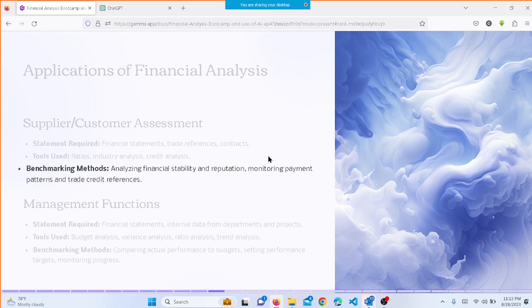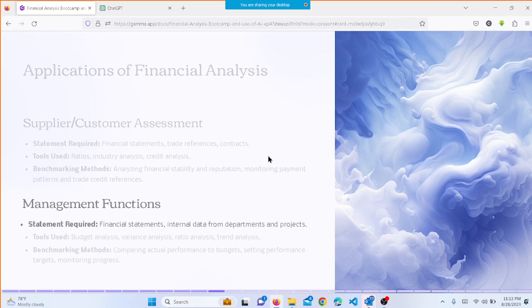For benchmarking, we use financial stability and reputation. Reputation is very important in credit assessment and supplier assessment, along with monitoring the payment patterns and references. So, more than the financial ability, non-financial abilities are more important here. But financial abilities indicate quite a bit of important information about the company.